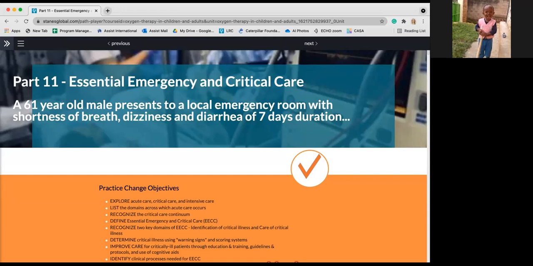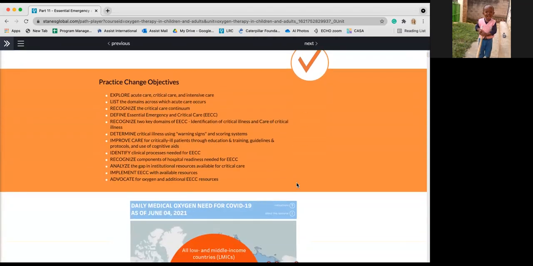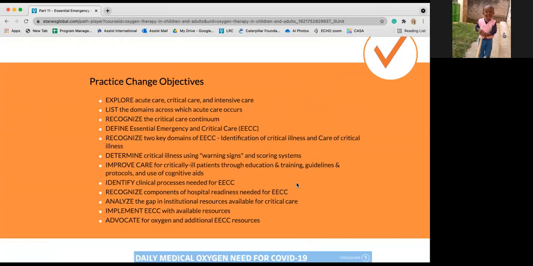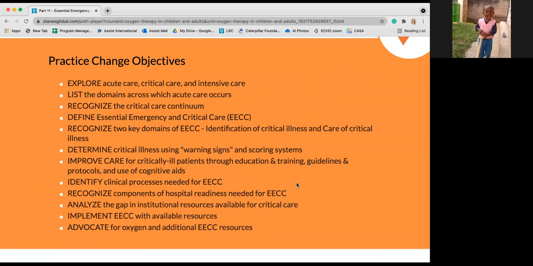Here we have some objectives that we have to cover. Practice change objectives: we explore acute care, critical care, and intensive care. We list the domains across which acute care occurs. We recognize the critical care continuum.